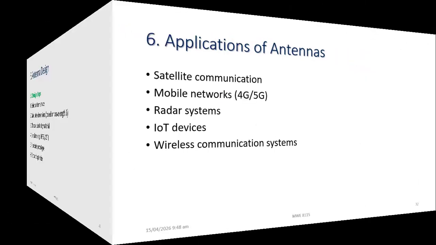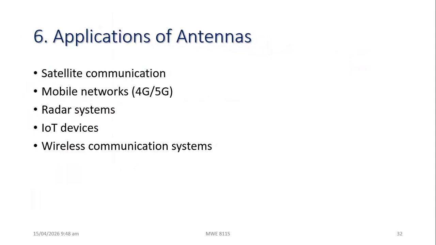Otherwise, the last part of this lecture is to talk about where you would apply these antennas. You can apply them in many wireless systems, such as satellite communication systems, mobile communication systems, 4G, 5G, Wi-Fi systems, WiMAX systems, radar systems, and Internet of Things devices that communicate wirelessly. So in general, all wireless communication systems need an antenna.